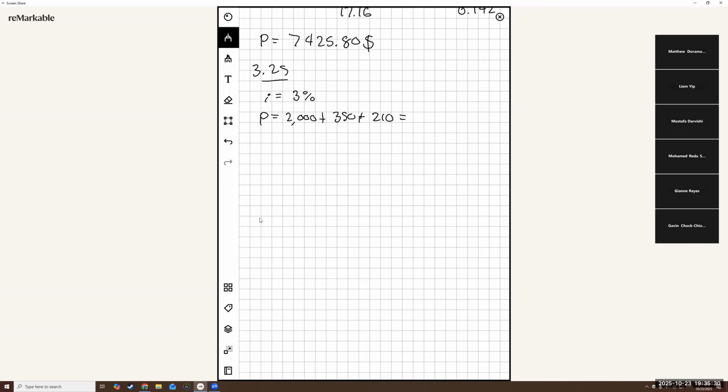If you add these values up, you get $2,560. That is the present value, the present worth of the items she bought. Any way she pays for this, it has to have that same value, right? At 3% interest rate. So it has to match the value.